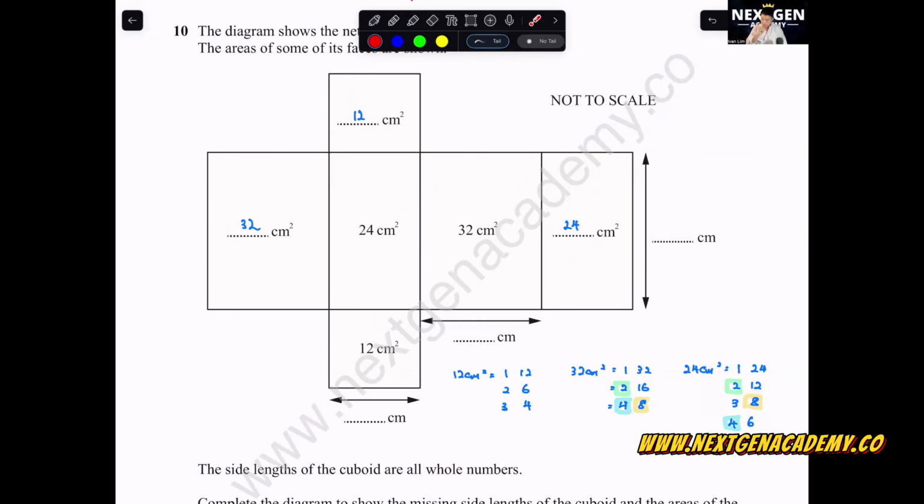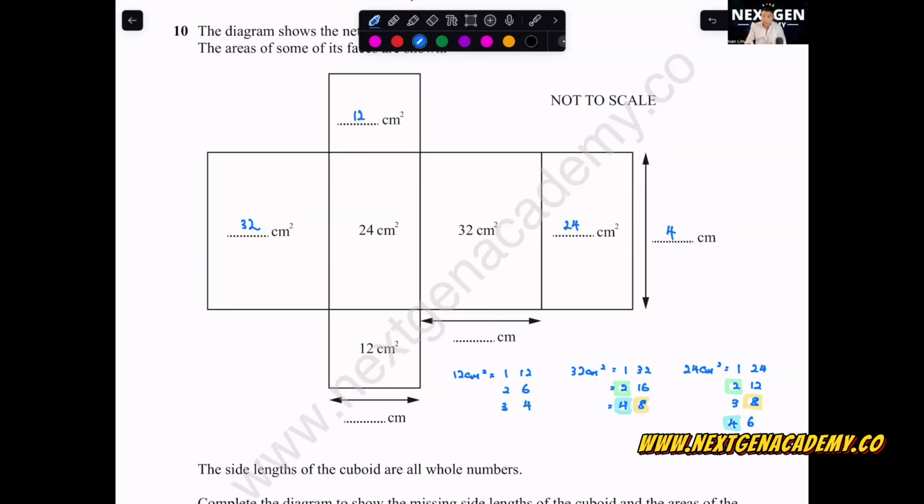Let's see which one is which. What do you think? I want you to figure it out. Anything else that's common? 2, 4, and 8. 4 should be the height. Can 4 be the height?